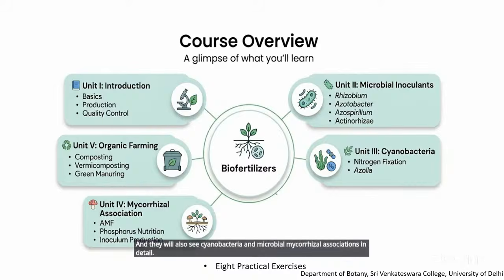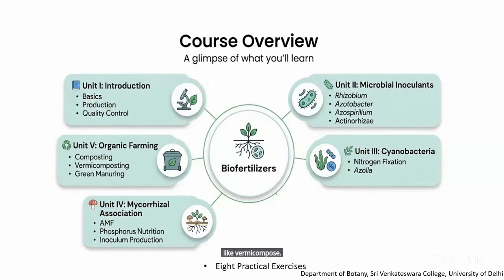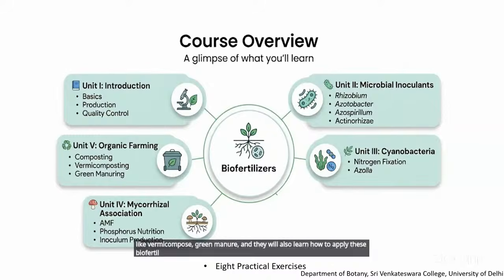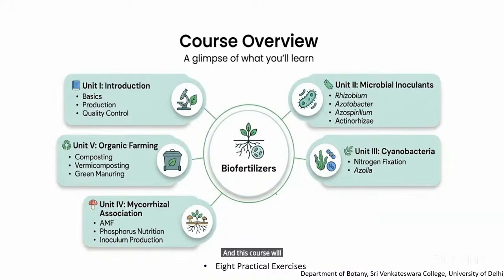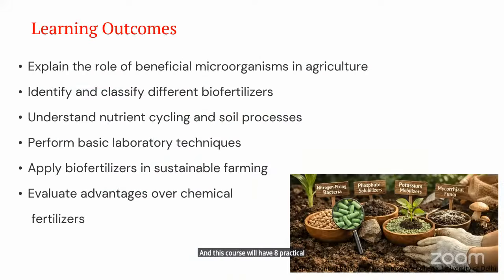They will do the basics of organic farming. They will also learn how to make different types of composts like vermicompost and green manure, and how to apply these biofertilizers in the field. This course will have 8 practicals in this syllabus.